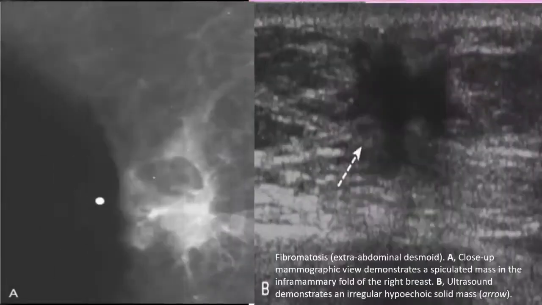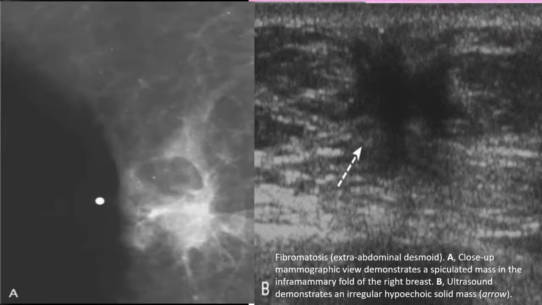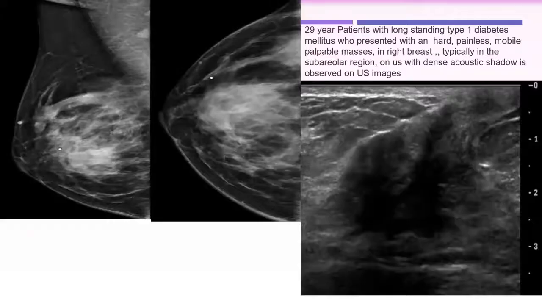This is another example of fibromatosis, also simulating breast cancer. You cannot differentiate it by imaging. Look how aggressive it is, irregular, spiculated, on both ultrasound and mammography, with shadowing on ultrasound.